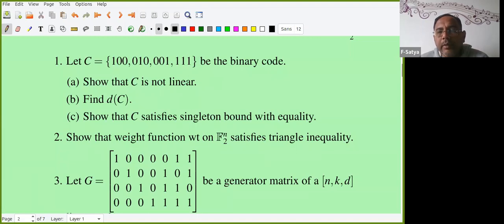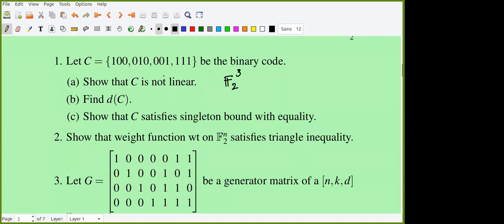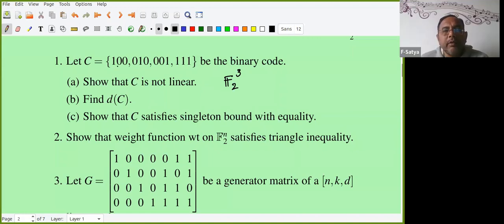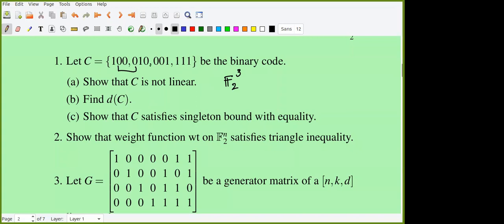I don't know exactly where you are facing the problem. Why is it not a subspace of F_2^3? Suresh? Sir, the sum of these two initial vectors is not in this C. Okay, that is one way. For example, the sum of these two is not here. Yeah, that is very good.